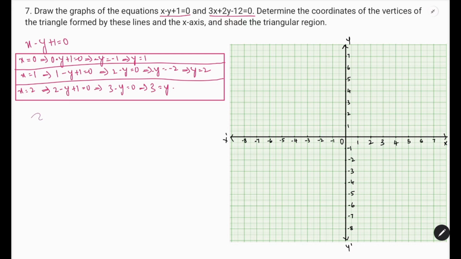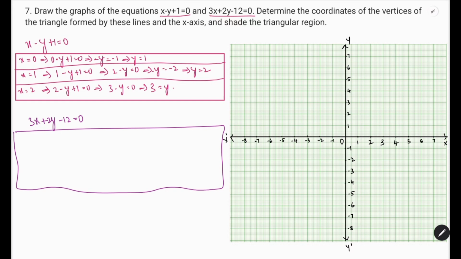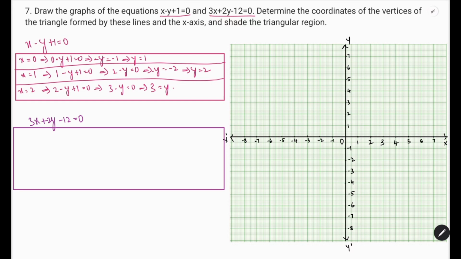Now take the second equation, 3x plus 2y minus 12 equal to 0. If you take x equal to 0, then 3 into 0 is 0 plus 2y minus 12 equal to 0. 2y equal to 12, then y equal to 12 by 2, it is 6.